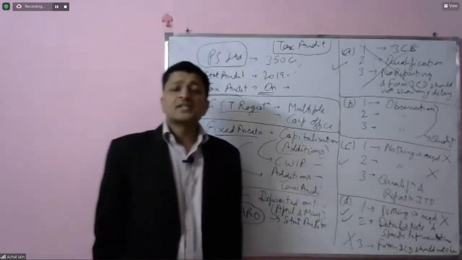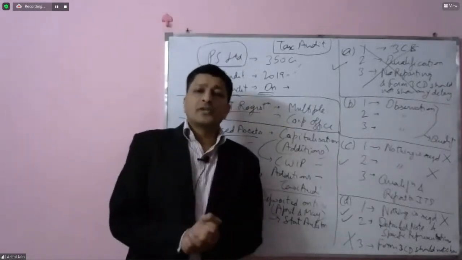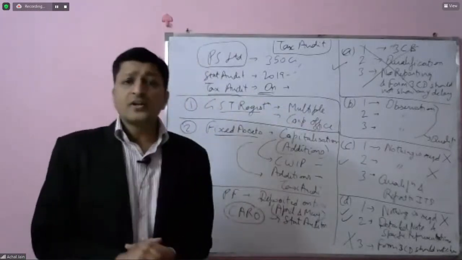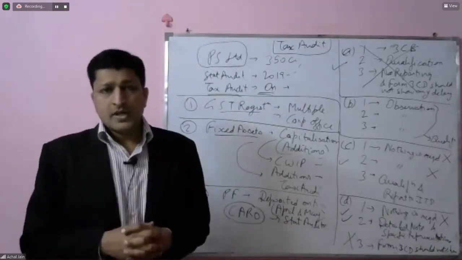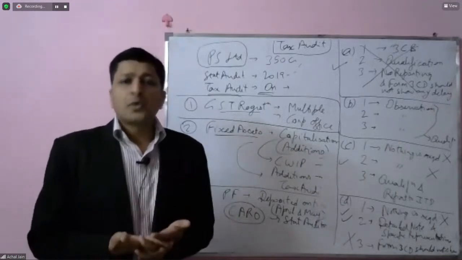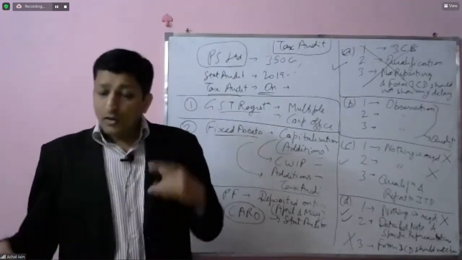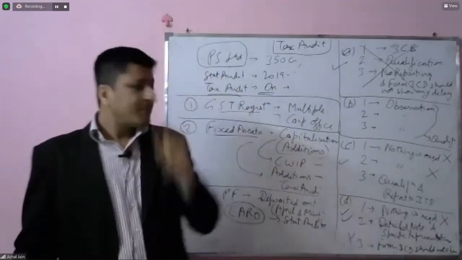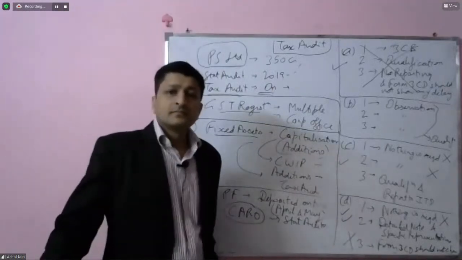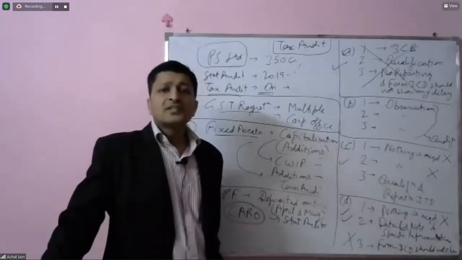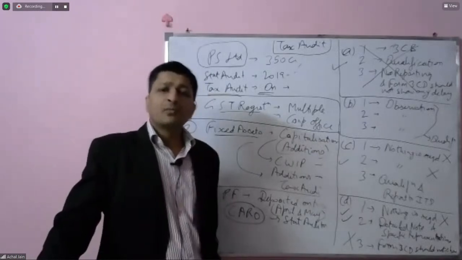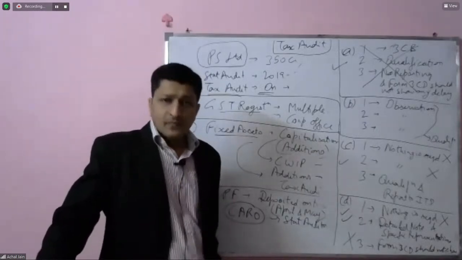In both the cases, what is the responsibility of the tax auditor? Tax auditor has got his report. In the report, he will put his observations, and that observation is also going to the income tax department, because this form 3CA, 3CD is meant for whom? Income tax department only. Correct?